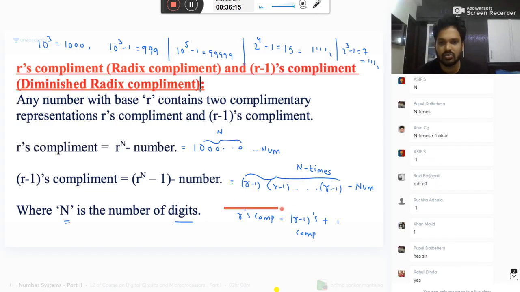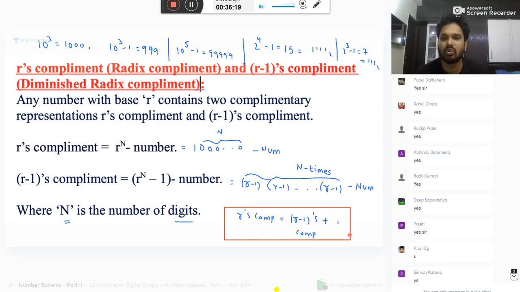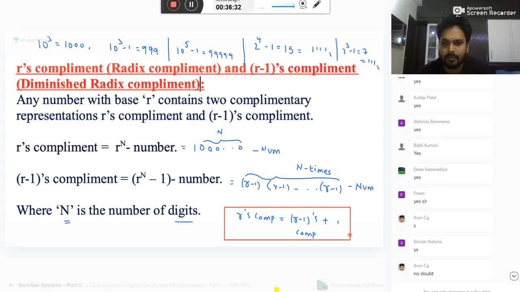Yes, there is just one number difference. So if you are okay, I will move further. In this slide, no doubt for everybody? Nanda, you are there? So it's clear? Okay, we'll move further.